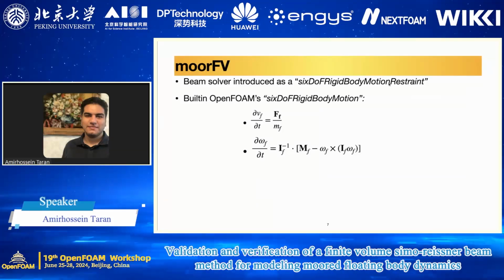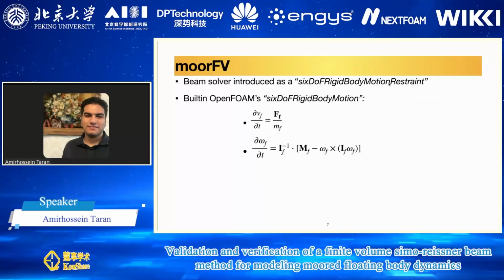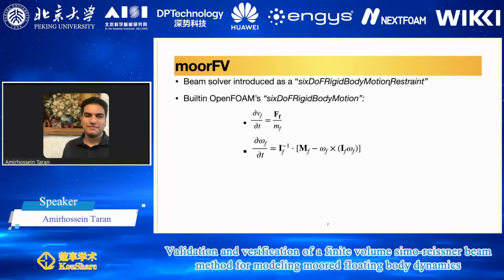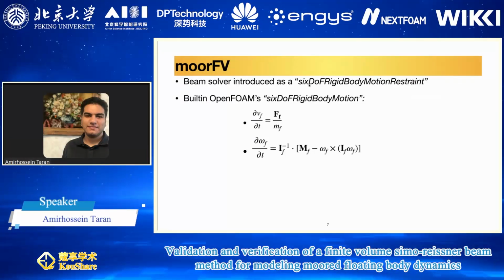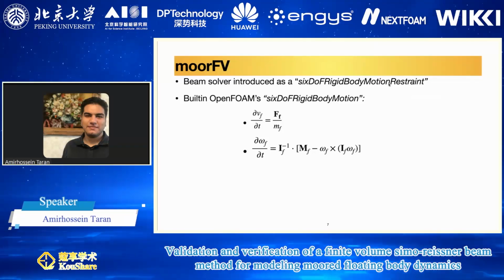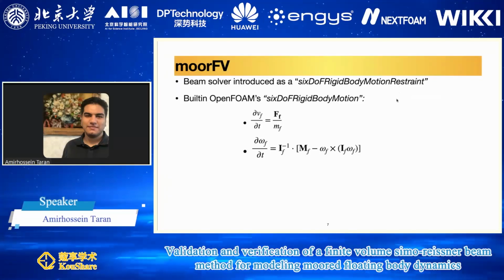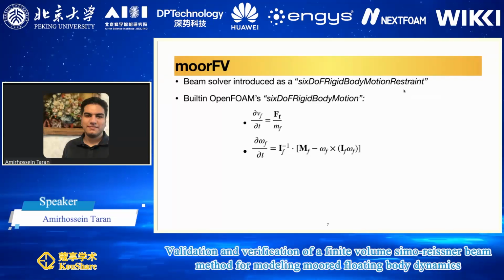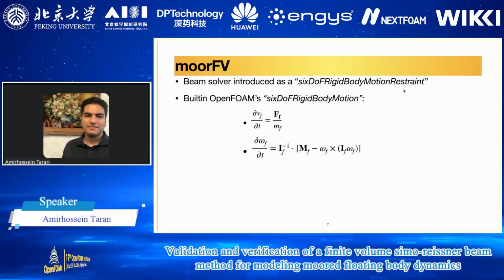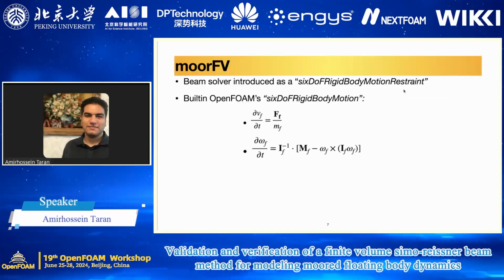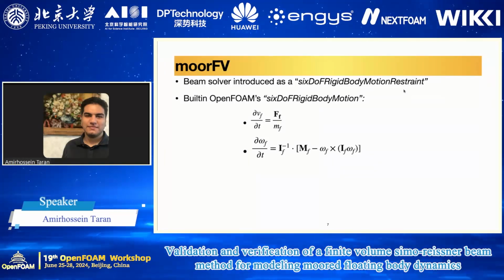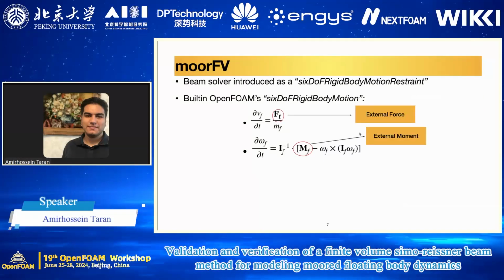I'm not going to enter that topic, but just a quick review: within 6DOF rigid body motion, you have some restraints and some constraints. Restraints and constraints are actually similar, but if you look at the equation, you can see that the restraints can contribute to the motion of this rigid body.